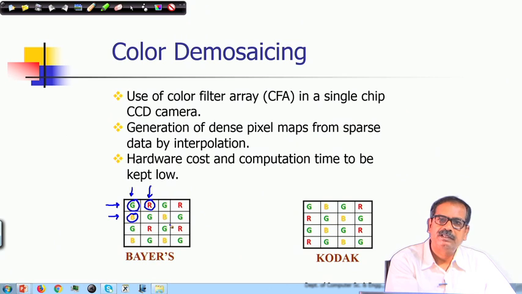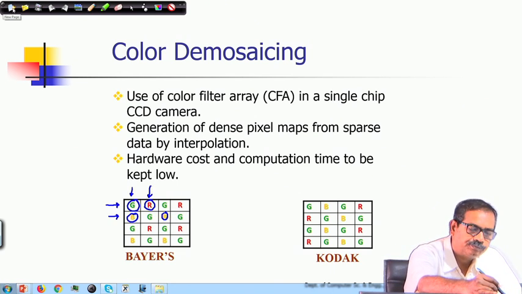Any green column position will always have a green pixel, whereas if it is a blue row and non-green column, then the blue component is available. With this kind of background, now let me discuss different methodologies of interpolation.